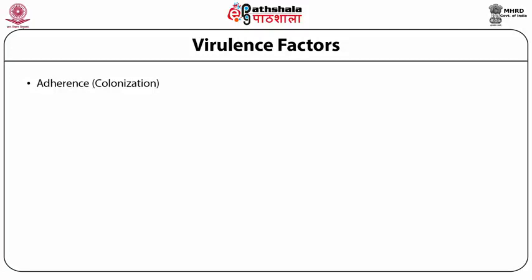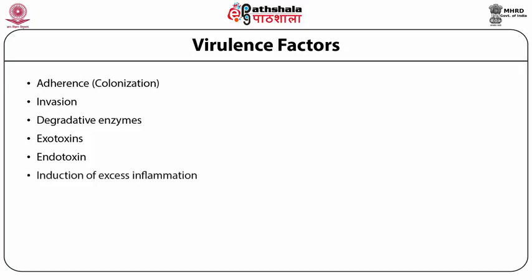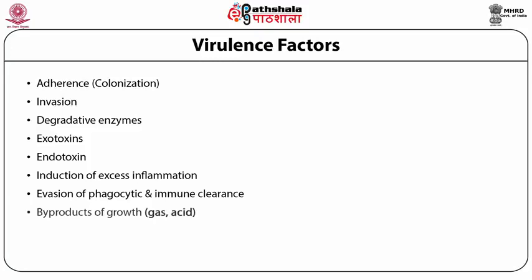Important factors are adherence, invasion, degradative enzymes, exotoxins released by the bacteria, endotoxin released when bacteria die, induction of excess inflammation, evasion of phagocytic and immune clearance, byproducts of the growth of microbes such as gas and acid, superantigen released from the microbes, and resistance to antibiotics.